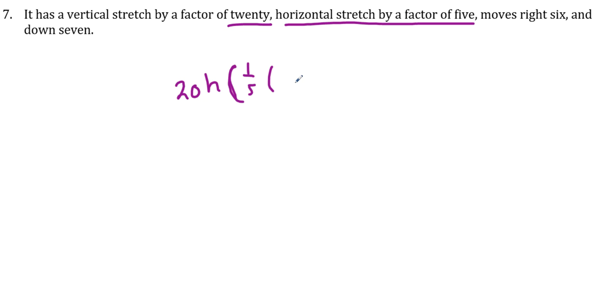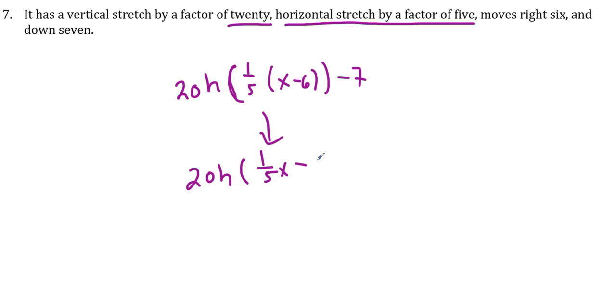And then we're moving right 6. And then we're either going up or down, and we're going down 7. Now, I can rewrite this, and I would encourage y'all to do so. 20h and 1/5 x. You're just distributing the 1/5 is all you're doing. And there's my final answer.